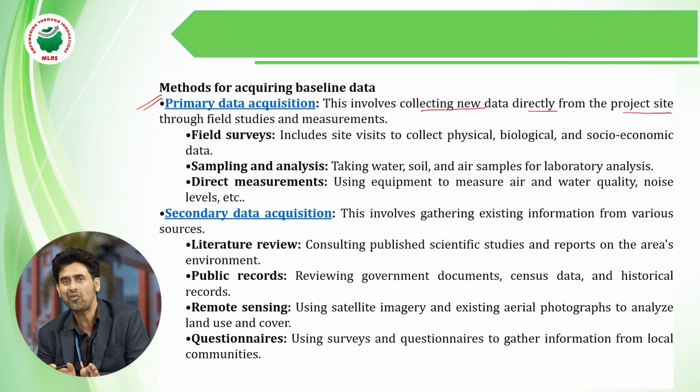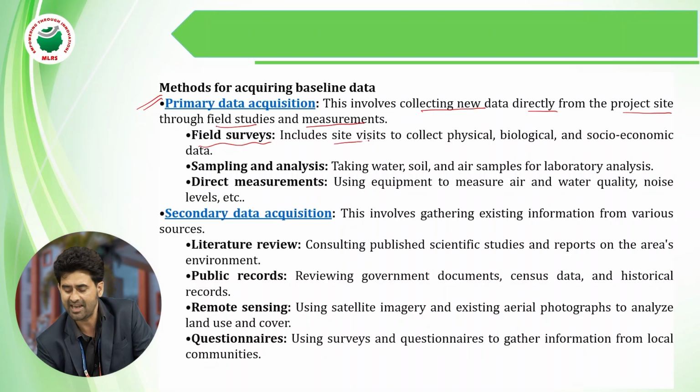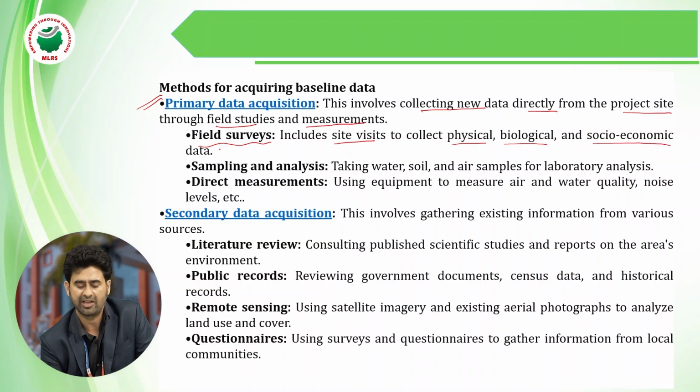And we have to collect the data directly from the project site through field studies and measurements. Field survey, it includes, we should visit the site, to collect physical, biological and socio-economic data.